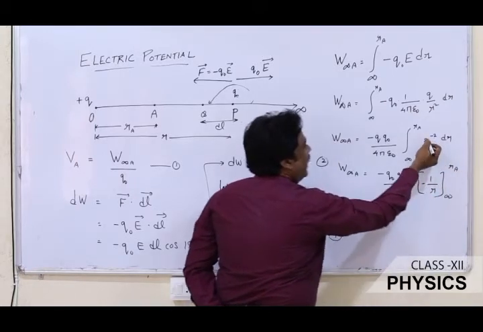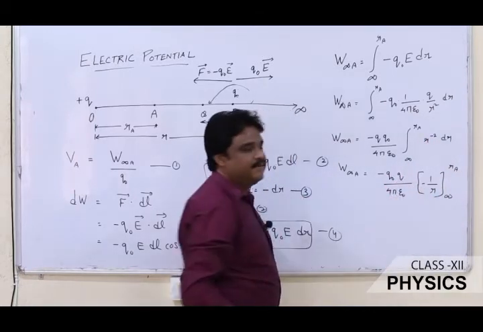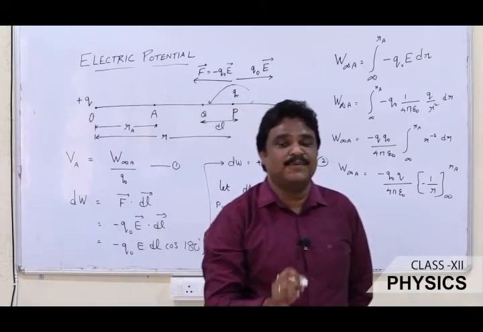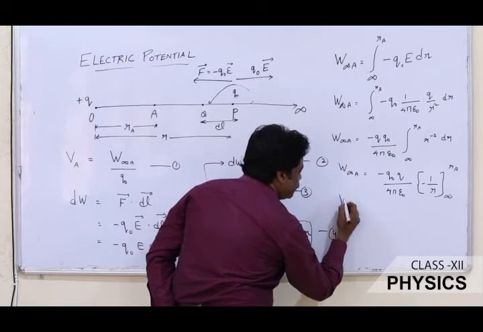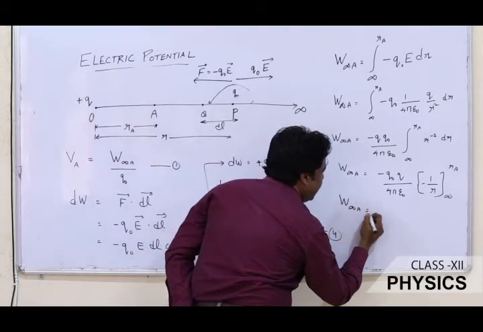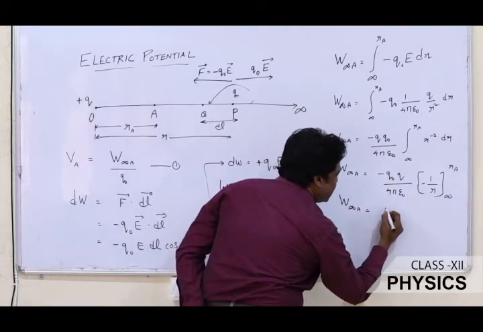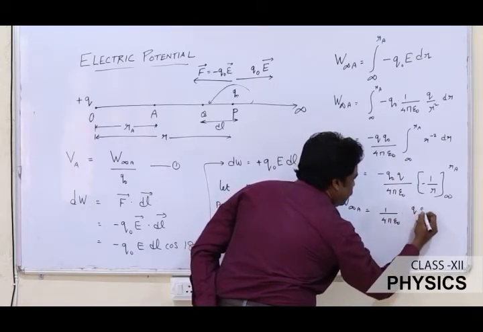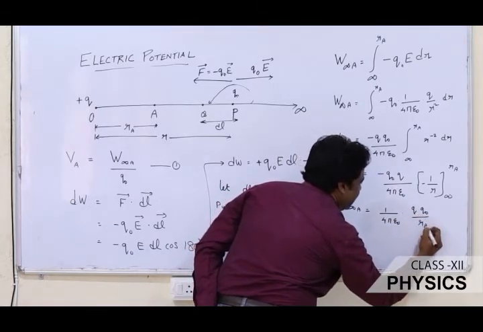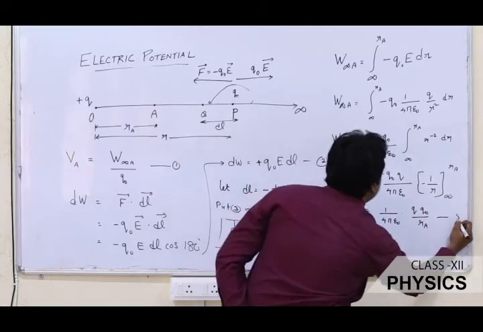I think you know R power minus 2 dr can be evaluated from x power n dx, which is x power n plus 1 by n plus 1. So W infinity A is equal to minus minus plus. It becomes 1 by 4 pi epsilon naught Q naught by Ra. I'm going to mark it as equation number 5.